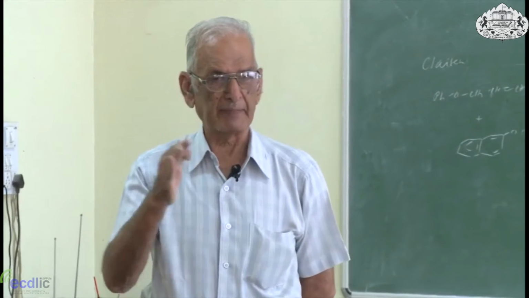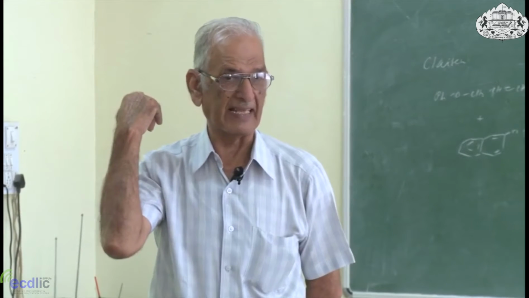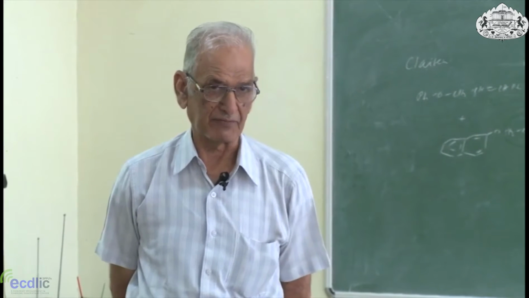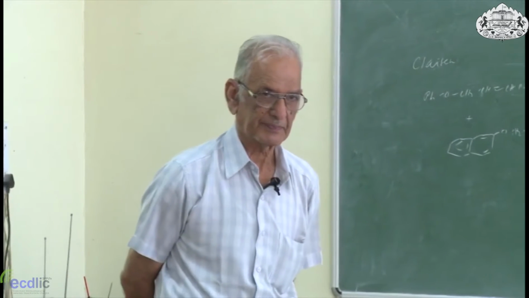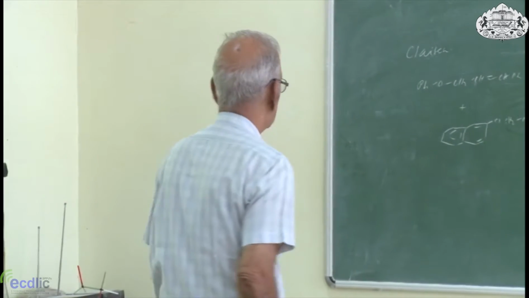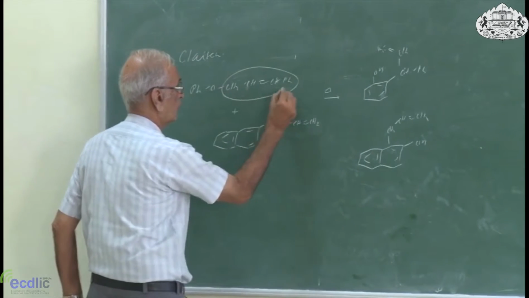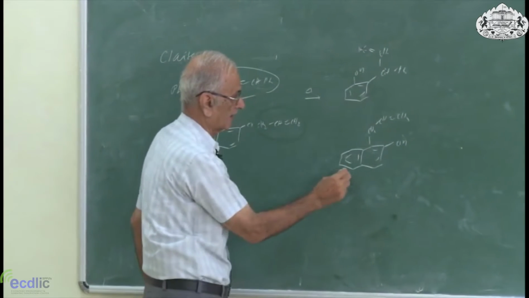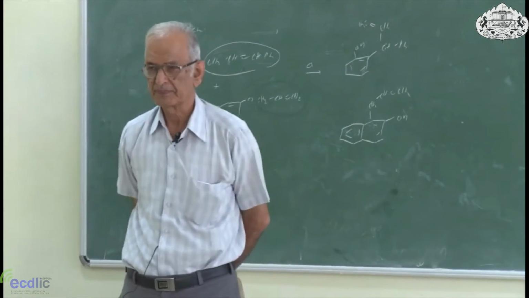If the groups were becoming separated as radicals, then this radical would combine with that radical and you would get different products. This group is only attached to the phenol and this group is only attached to the naphthalene.